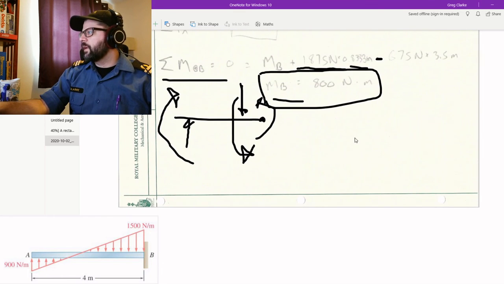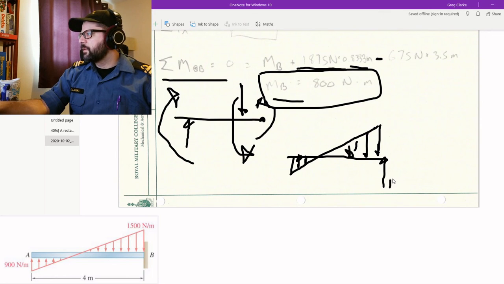So our actual reaction, with this distributed load, is going to cause a reaction like this: 1200 newtons. I know it looks more like a 3, but oh well. And it's going to cause a reaction of 800 newton meters.